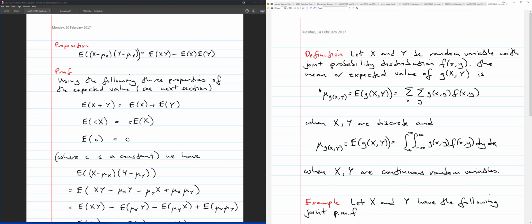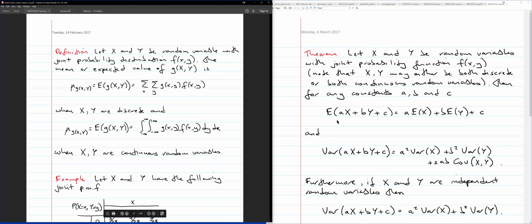In other words, you're using these formulae over here, which we talked about a little earlier. For example, to get the expected value of xy, you'd need x times y for the g of x and y.